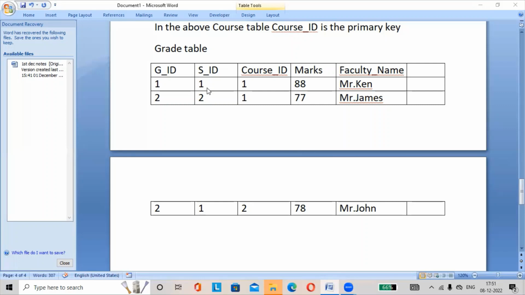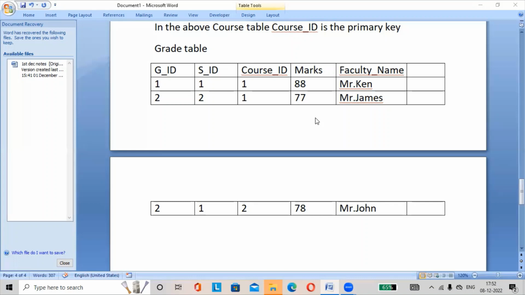Yes or no? Here student ID and course ID, both you need to know. You don't know the particular student. See, student ID is 1, here also 1, but the marks are different. So it is following which relationship? Many to many relationship.